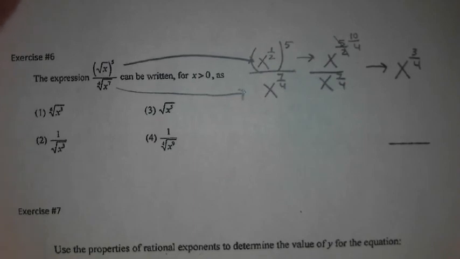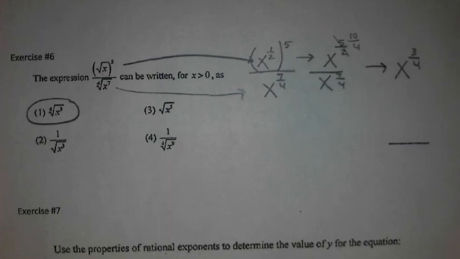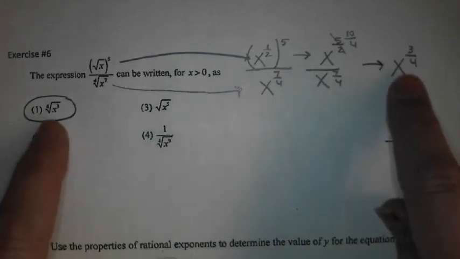McKenna. 1. Excellent. It's hard to say if they'll leave the final answer in radical form or exponential form. If it's open response, they need to tell you, leave your answer in exponential form or leave your answer in radical form. If it's multiple choice, make your decision based on the options, right? Because these would both be simplified answers. It's just one's in exponential, one's in radical.